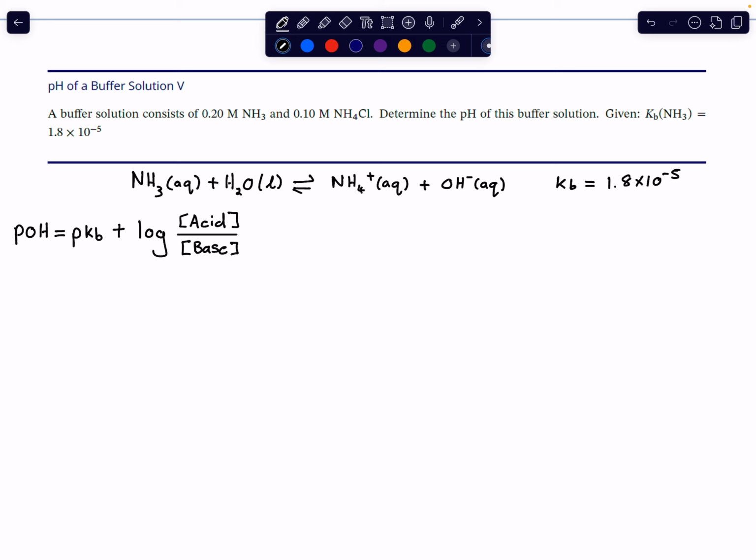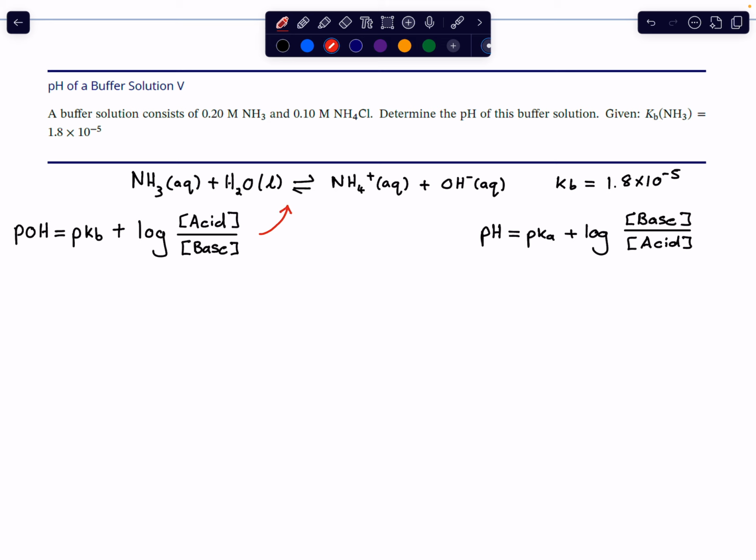Or you can go the route of saying that pH is equal to the pKa plus log of the conjugate base divided by the acid's concentration.